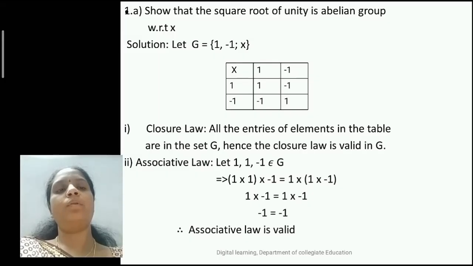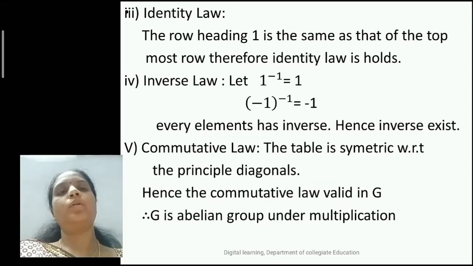So the element whose row repeats the topmost row, its column has to be considered. In the column we have the element 1, which becomes the identity element. So the identity element is 1 here. The row heading 1 is the same as the topmost row. Therefore, identity law is verified.